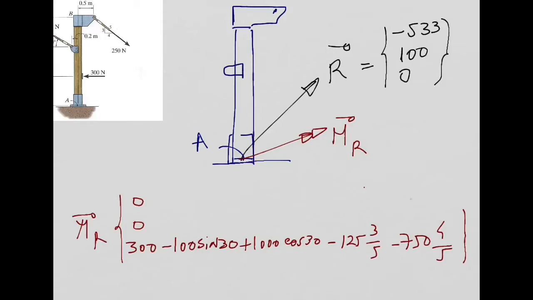And you have then the resultant of the moments, which is this vector in red, with a component in the z direction only. Right?